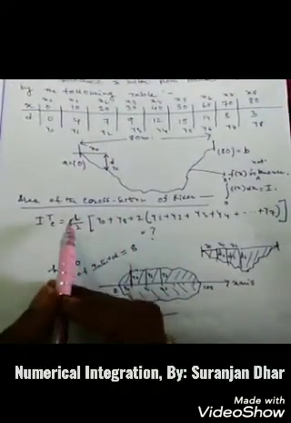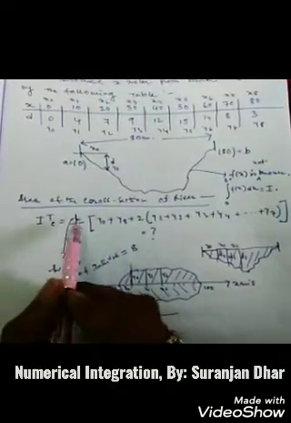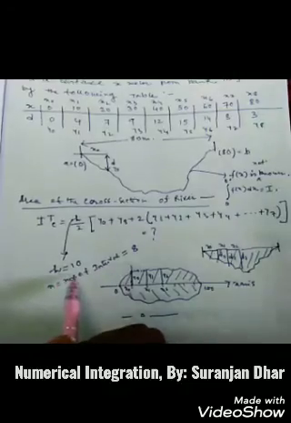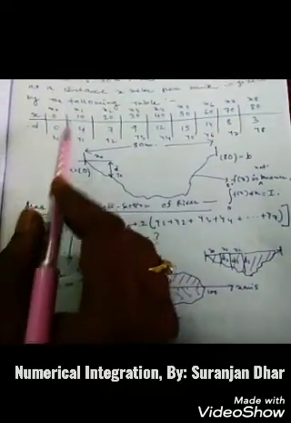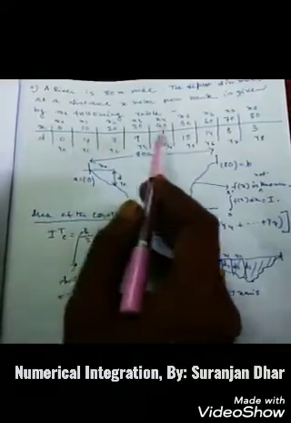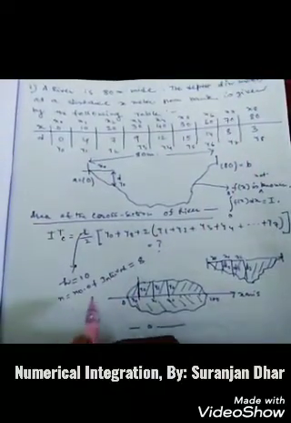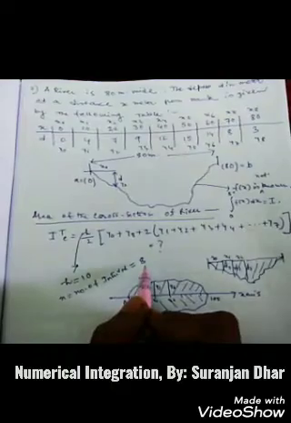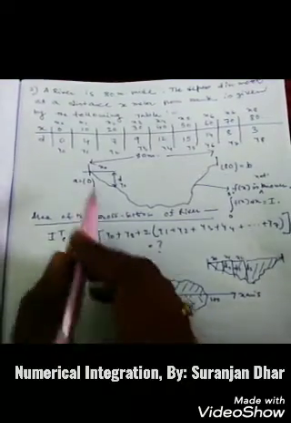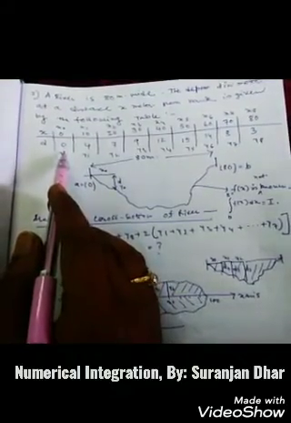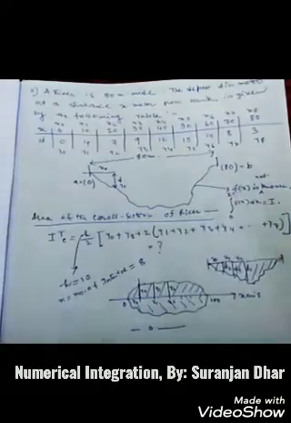When we apply the trapezoidal rule, the formula is very easy, h by 2. Here h value is 10. Number of intervals: how many points are available? 1 2 3 4 5 6 7 8 9. So the number of intervals is 8, and the first functional value is 0, the last functional value is 3.